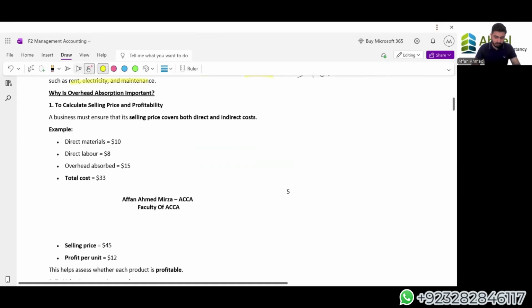Okay. Now, why is overhead absorption important to calculate selling price and profitability? Obviously, we have discussed it. A business must ensure that the selling price covers both direct and indirect cost. Example: direct material is 10, direct labor is 8, overhead is 15, so total cost becomes 33. If we don't consider overhead, we are not going to be able to identify the selling price accurately.